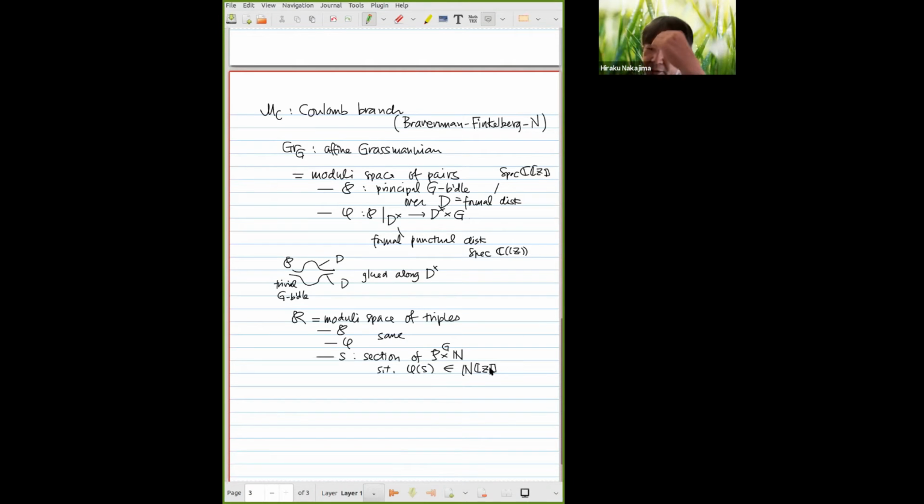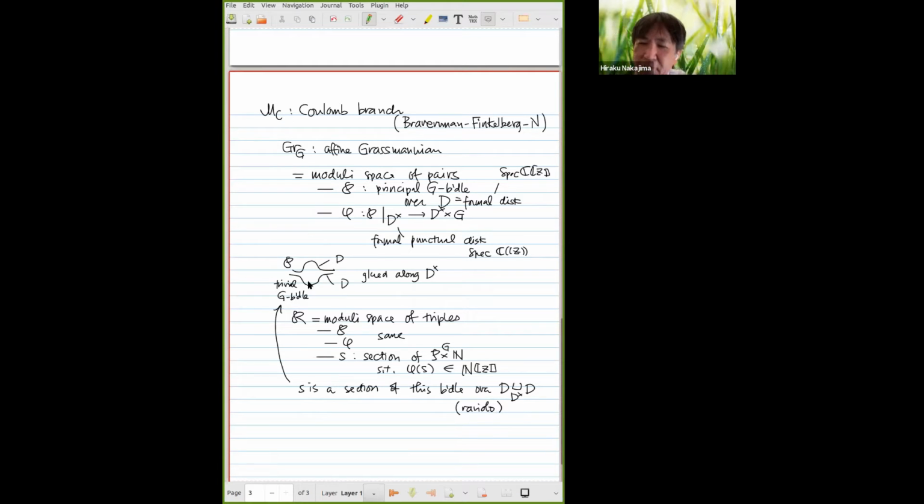So S is a section of this bundle over this T. This object is often called a raviolo, something you can find in Italian pasta.